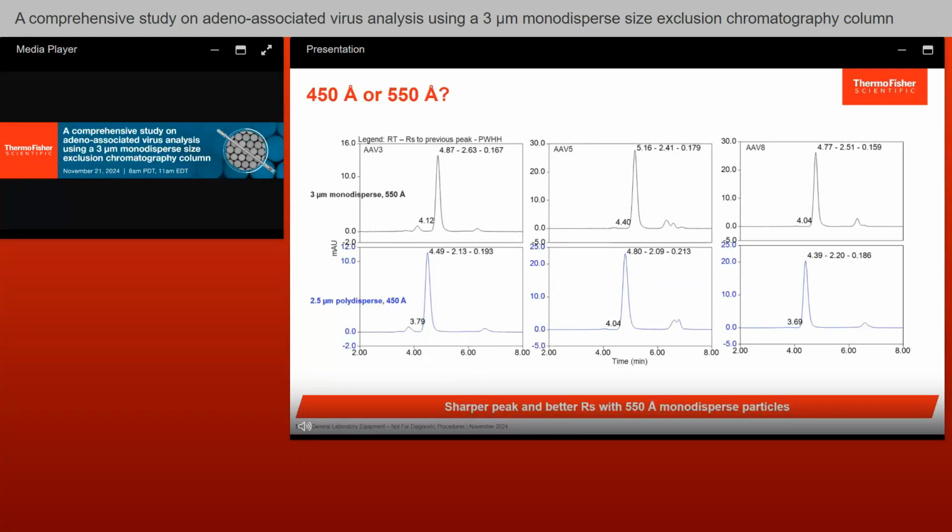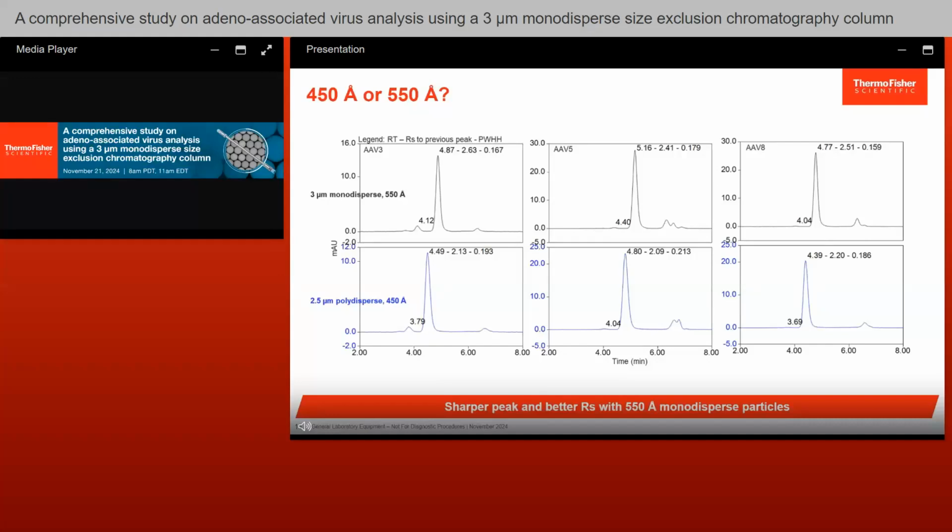So we did more comparison with other samples using these two different pore sizes. On the top is the SurePak MDI SEC column, and on the bottom is a 2.5 micron polydispersed SEC column with 450 angstrom from another vendor.